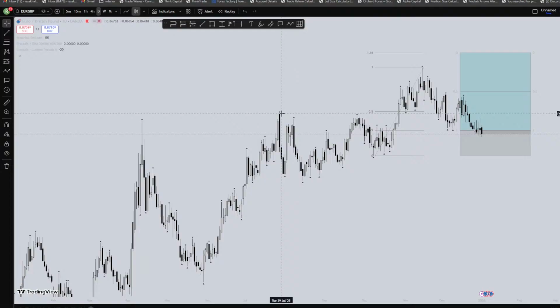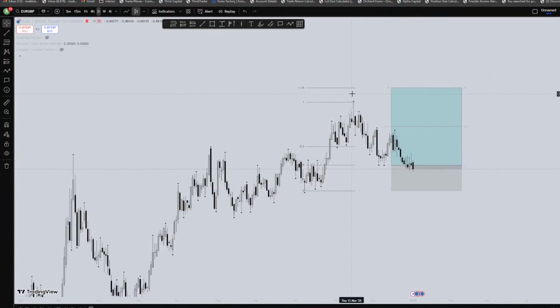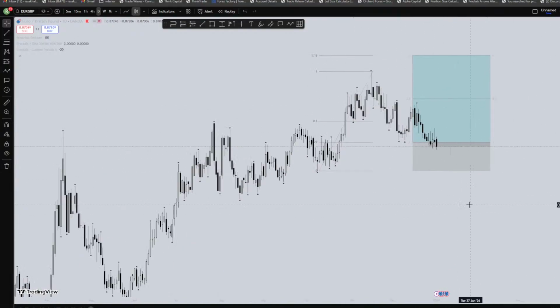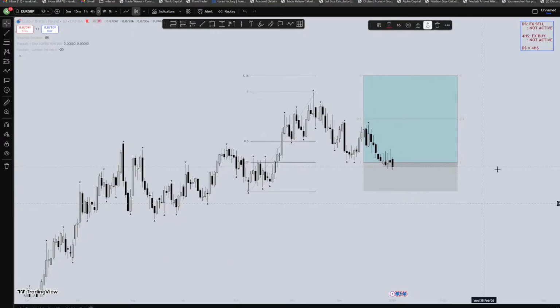So this and then this shift confirmed lower, then confirmed higher here. Then price came back. Then it's retracing back. So as you can see, this is an opportunity.